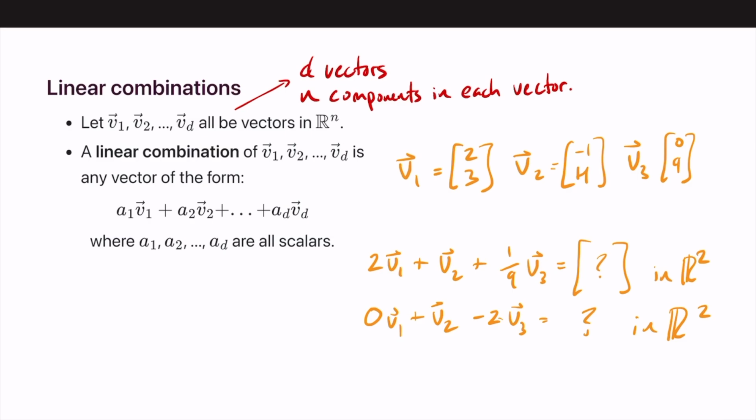So what we say here is that a linear combination of any set of vectors is a vector that you can make by scalar multiplying or adding vectors. That's just a really simple definition of what linear combinations are. It's important to be in that R space though. So that's what we say for linear combinations.